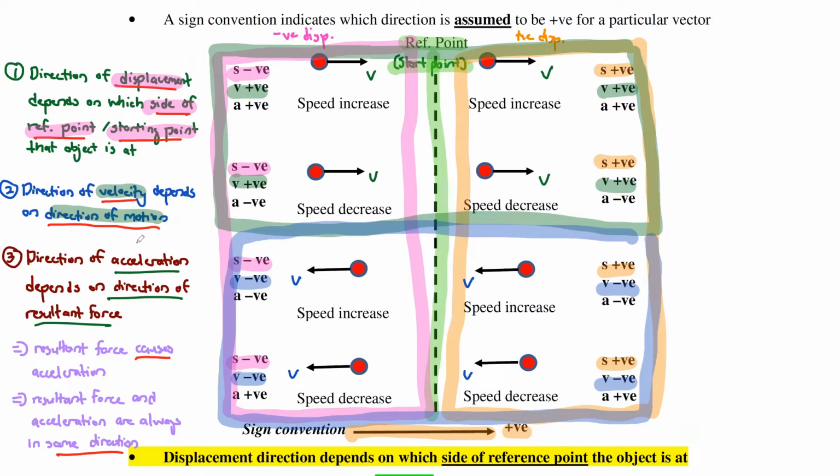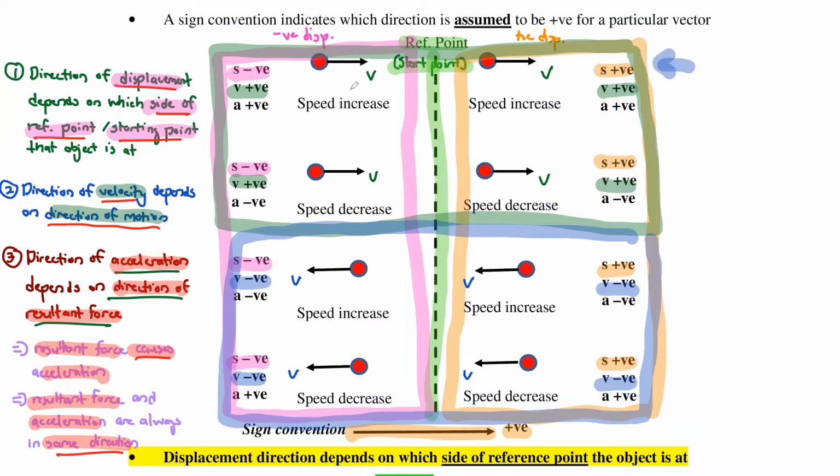Finally, moving on to acceleration, direction of acceleration depends on the direction of resultant force. It should be noted that resultant force causes acceleration and that the resultant force and acceleration will always be in the same direction. Let's look at the examples row by row.